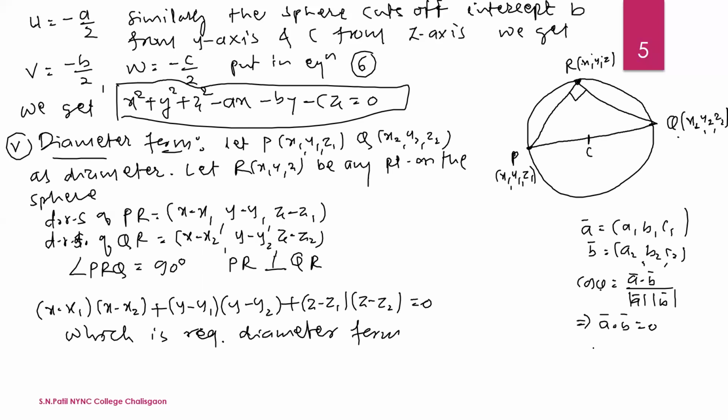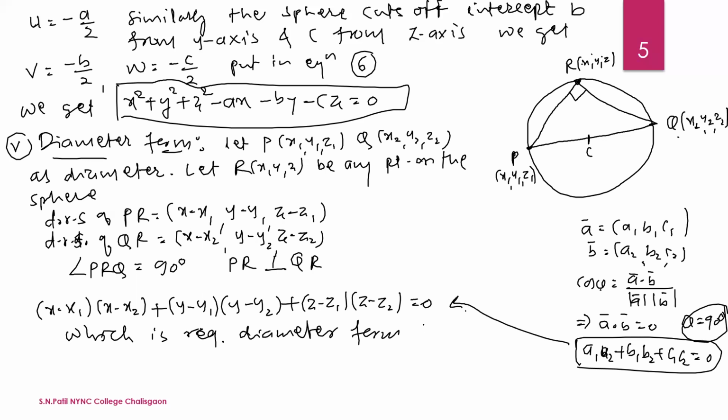That is A1 into A2 plus B1 into B2 plus C1 into C2 is equal to 0. The same technique is applied here; only these are the DRs and these are the components.